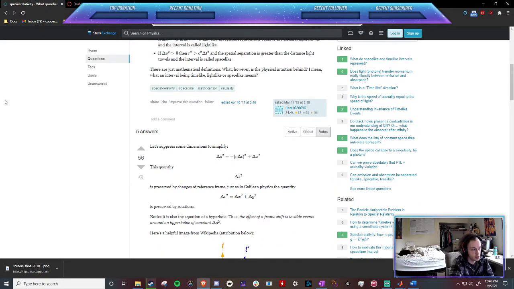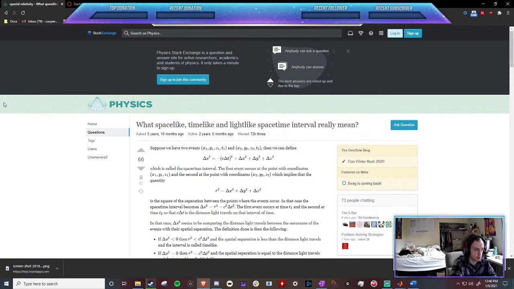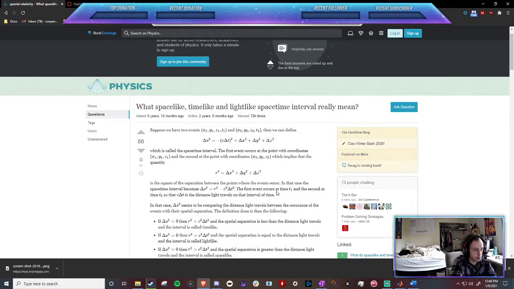So, space-time is pretty cool. We all know the Pythagorean theorem, right? A squared plus b squared equals c squared. This holds in Euclidean space, Euclidean geometry.